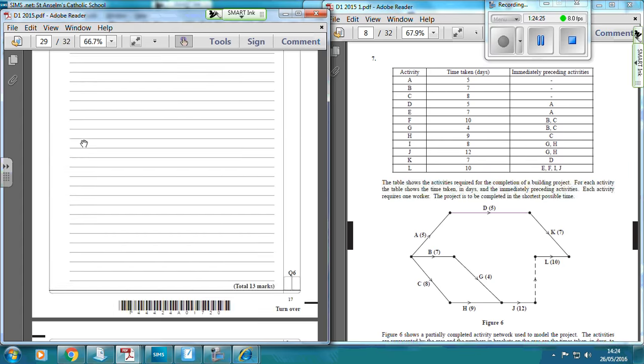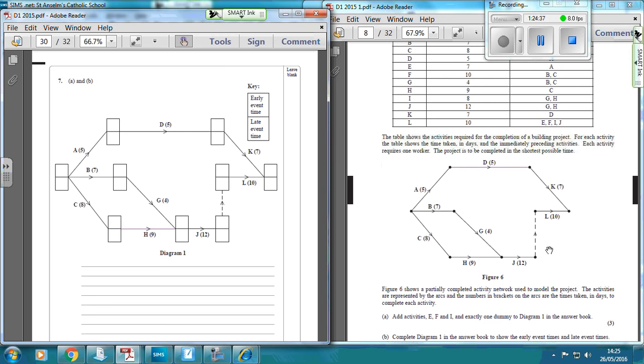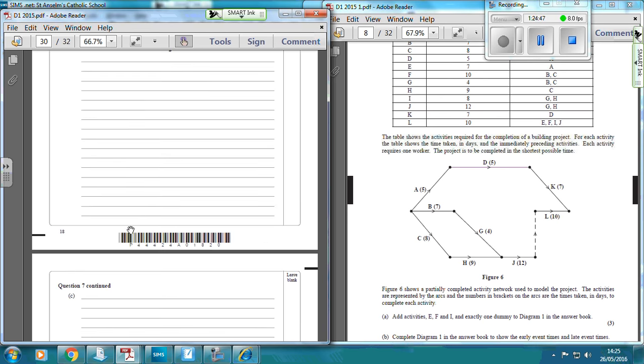So, question 7. We've got a precedence table here, and they've drawn out the graph, which sometimes they get you to do, which we'll have a look at in another video. What we've got to do is add activities E, F and I and exactly one dummy to diagram 1 in the answer book.